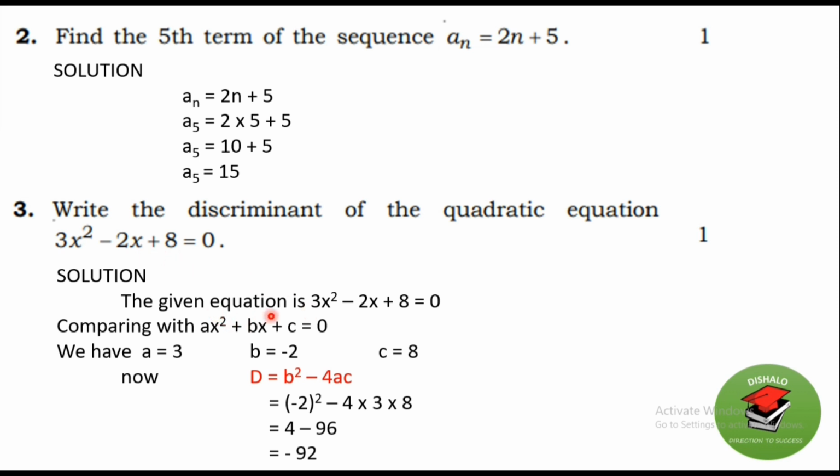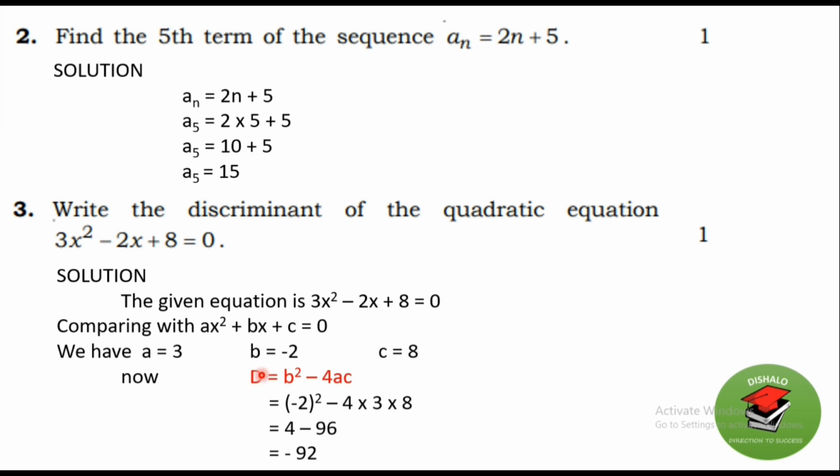So if we compare this given equation with the general equation ax square plus bx plus c equals 0, we figure out that our a in this case is 3, that is the coefficient of x square, b is minus 2, that is the coefficient of x, and c is 8.